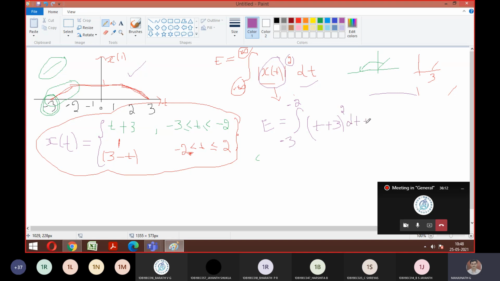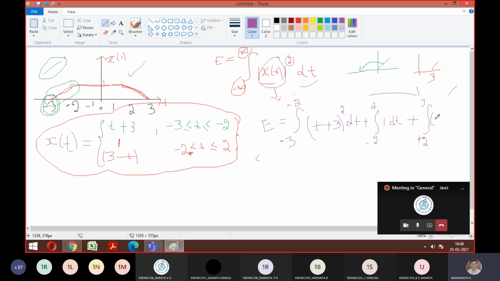Plus, next, integration from -2 to +2. Here x of t is 1, and 1 square is 1 only, into dt. I hope you're understanding. If anybody has a doubt, you should ask here. Plus integration, the last signal is from +2 to +3.